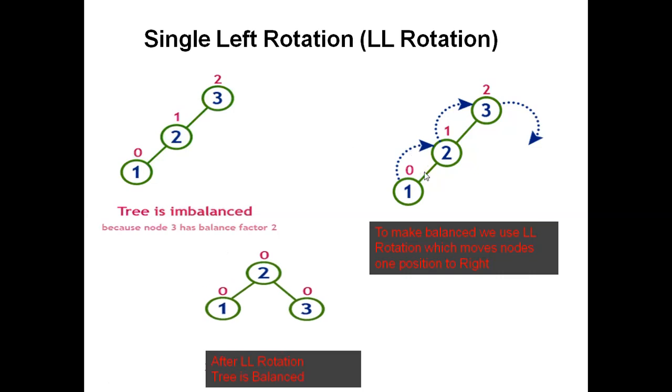We'll do LL rotation, which means we move the node one position to the right. So 3 will come here, 2 will replace this 3, 1 will replace this 2 position, and now we'll have this one. So this is LL rotation. The left hand side got heavier, and the value is on the positive side, greater than 1, positive 1.